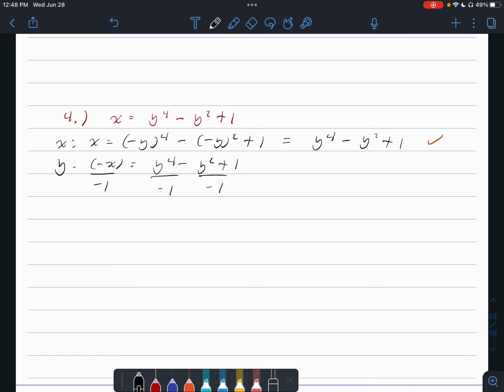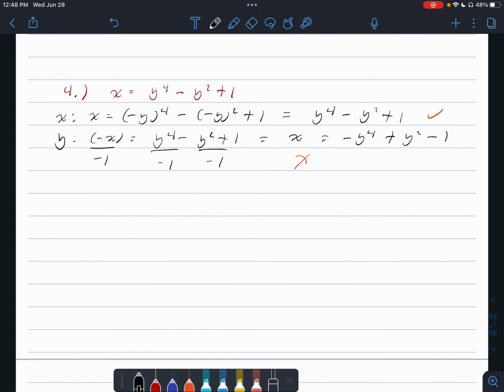And that'll give us x is equal to negative y to the fourth plus y squared minus 1. So we just flip the signs on everything here. And that is not the same. We have negative y to the fourth plus y squared minus 1, not the same. So it is not symmetric with respect to the y-axis.